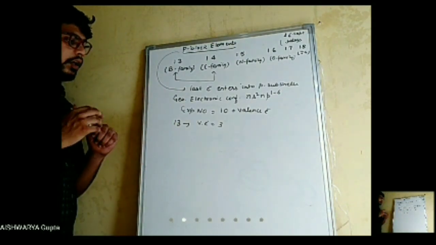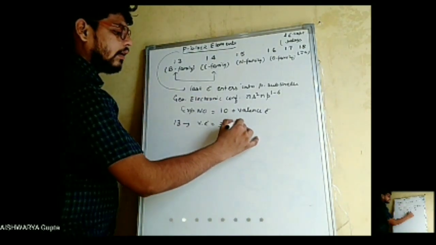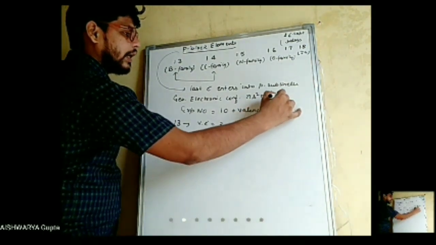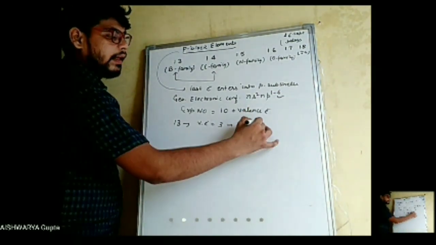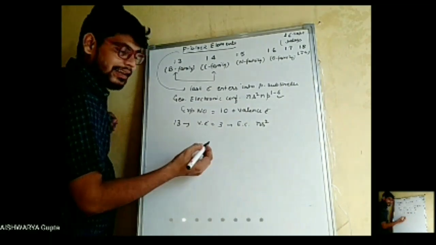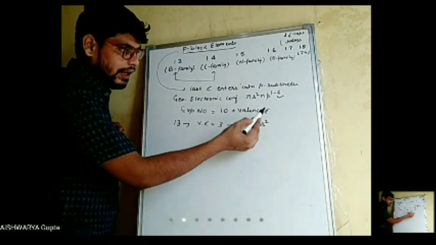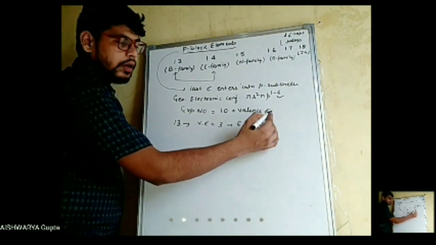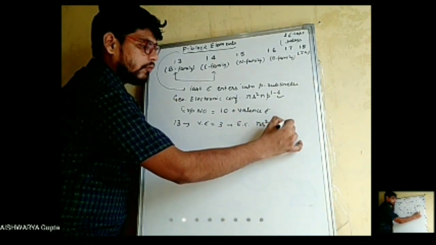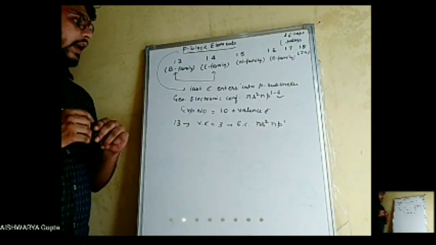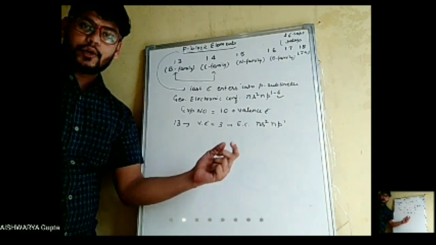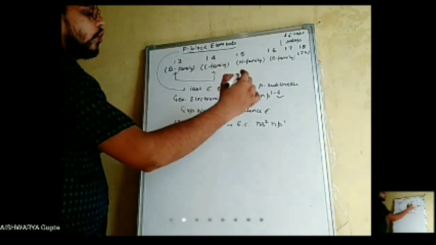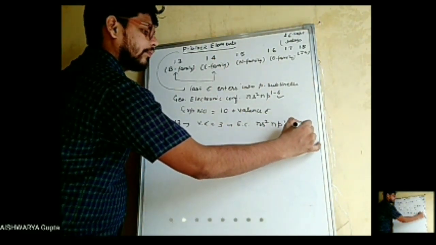If it has 3 valence electrons, its electronic configuration according to this formula will be ns2, and since it has 3 valence electrons, out of 3 I have written 2. Now in the p subshell there will be 1 electron. So ns2 np1 will be the general electronic configuration for the group 13 element.